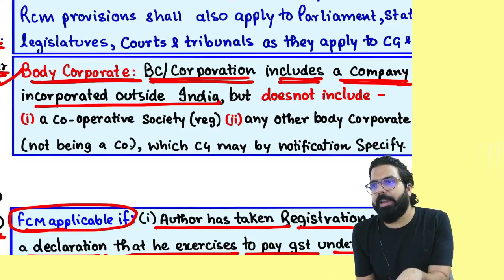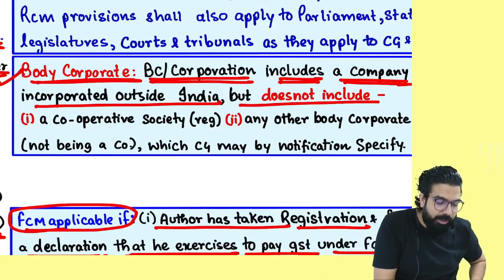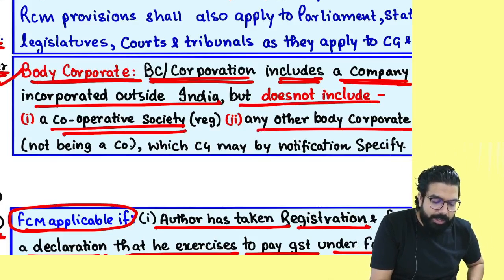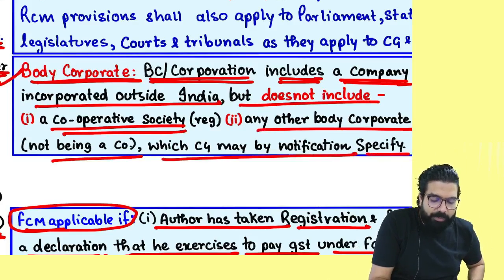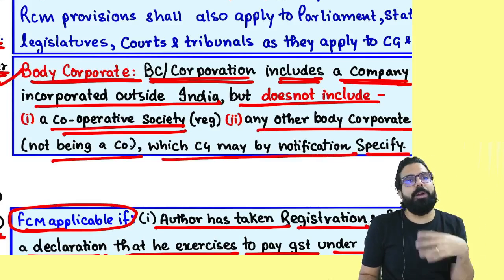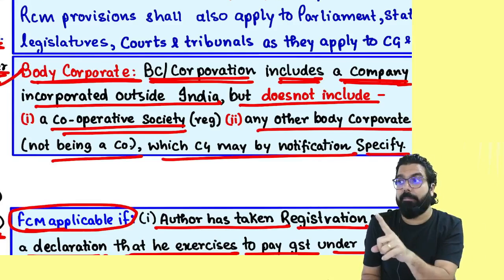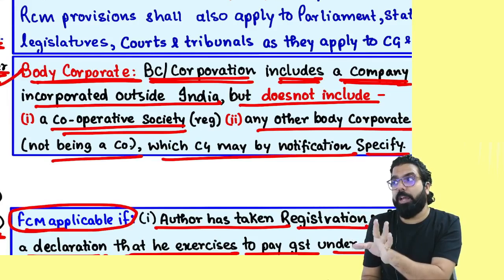Means an Indian company or a foreign company, both are body corporate. But it does not include a cooperative society or any other body corporate which has been notified by the government. Everyone listen to me very carefully. So tell me one thing, what is a body corporate? Indian companies are also body corporate, foreign companies are also body corporate, but a cooperative society is not a body corporate.